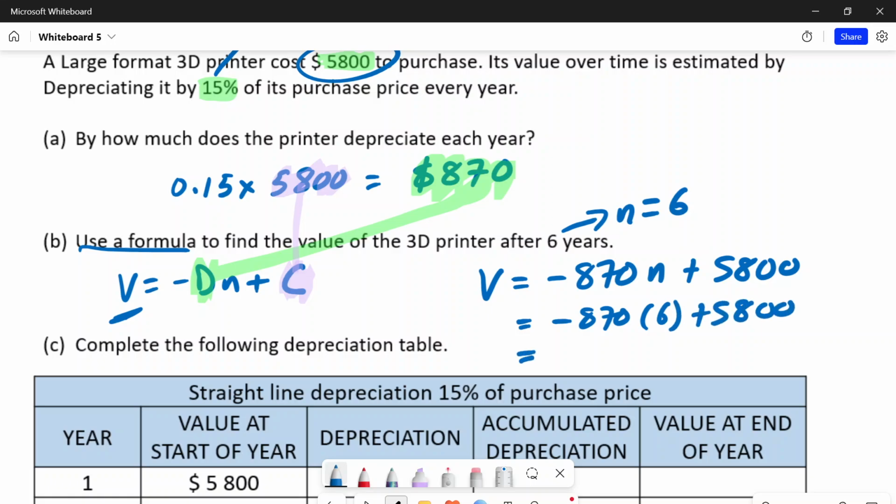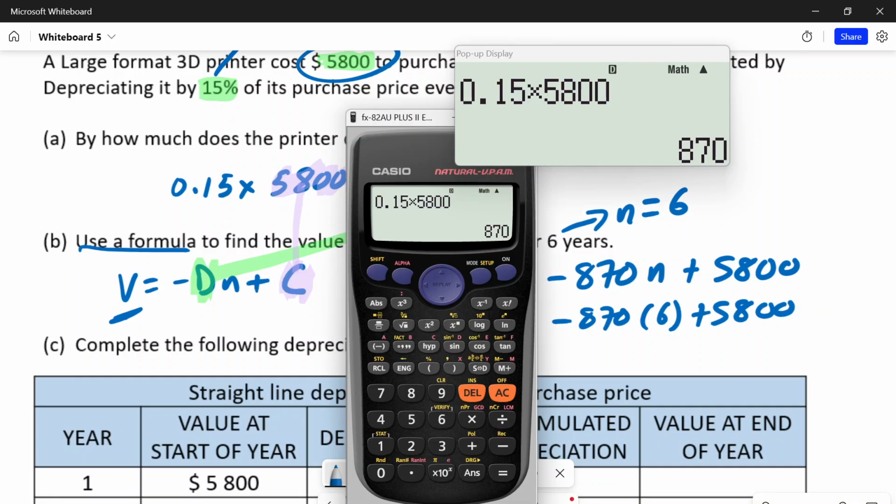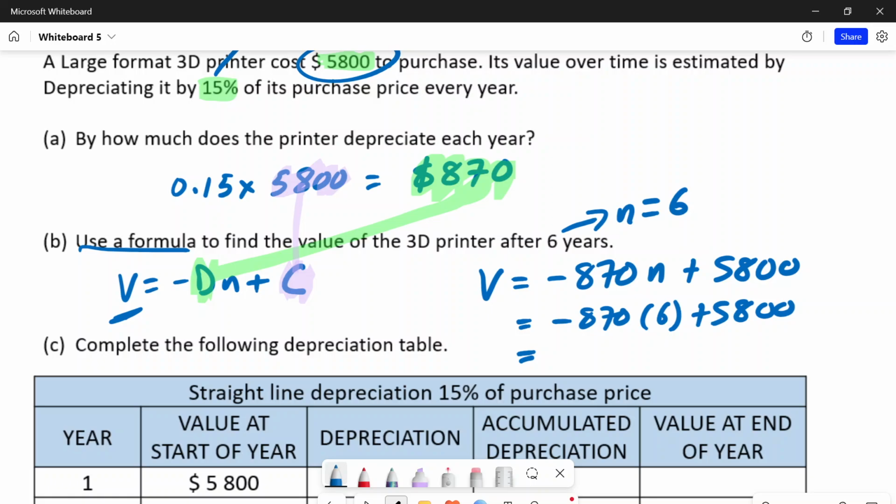So the value after 6 years, let's work that out. Negative 870 by 6 plus 5,800 is $580.